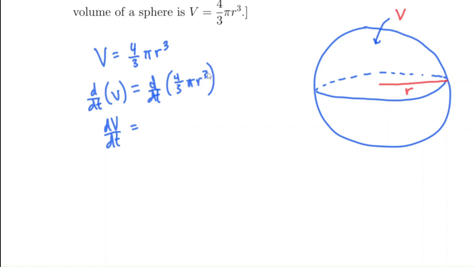The way to take the derivative is we're going to bring the 3 out front. Now, when the 3 comes out front, the 3 here is going to cancel this 3, and we're just going to be left with 4 pi. So when you take the derivative, the 3 comes out, and we end up with 4 pi r squared, but then times dr/dt because of the chain rule, or implicit differentiation is what we're really doing here. So we have dV/dt equals 4 pi r squared dr/dt.